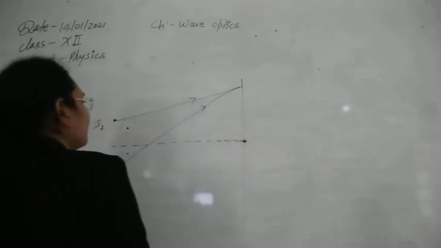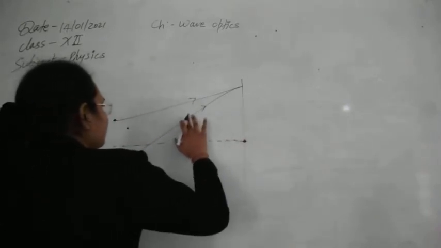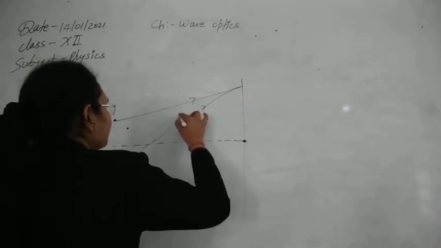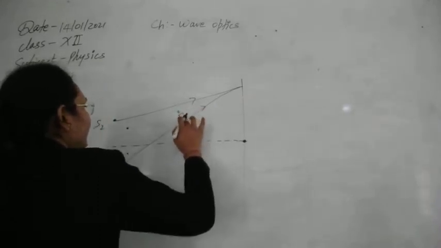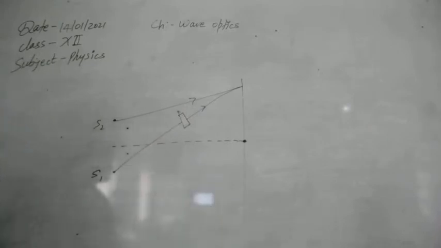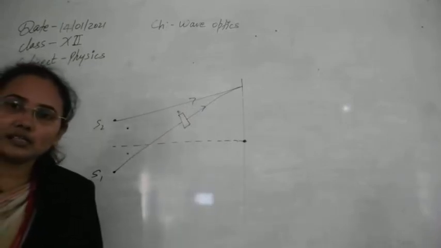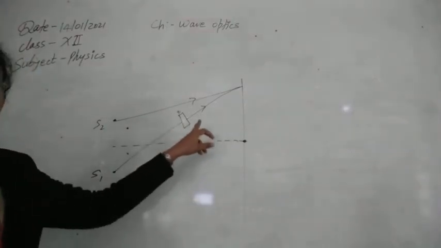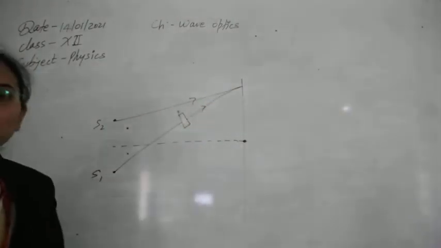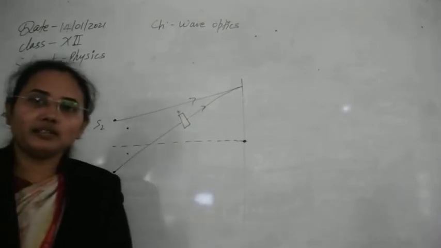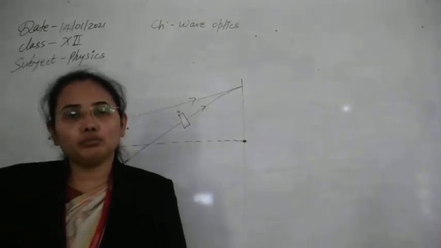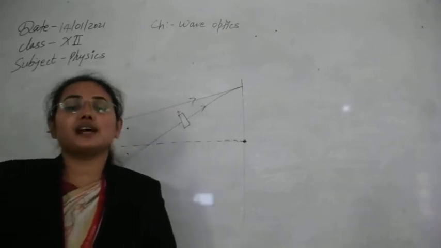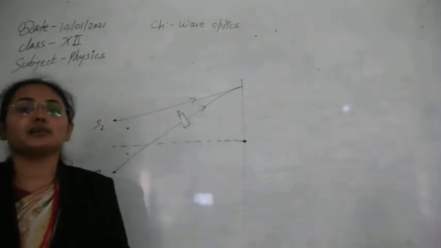But what will happen if we put any seed or obstacle of some thickness in the path of the light wave? When we put some obstacle, light will start to get bent, and light has to travel more path in comparison to before. So an additional path difference is created when we put some obstacle.